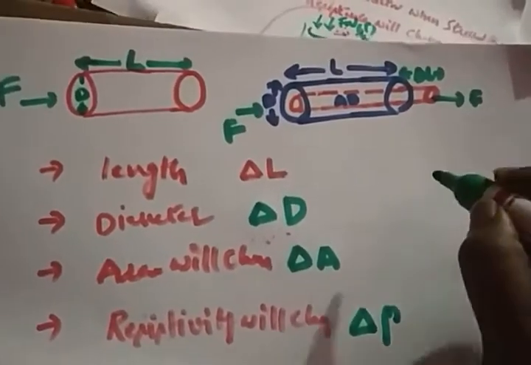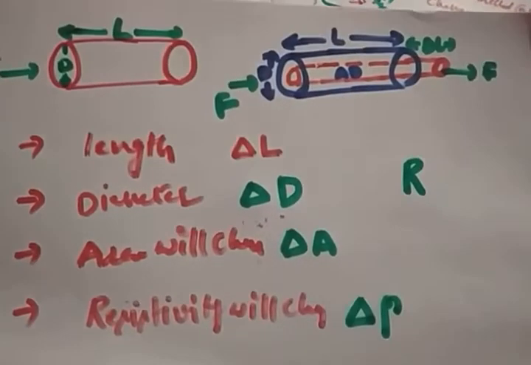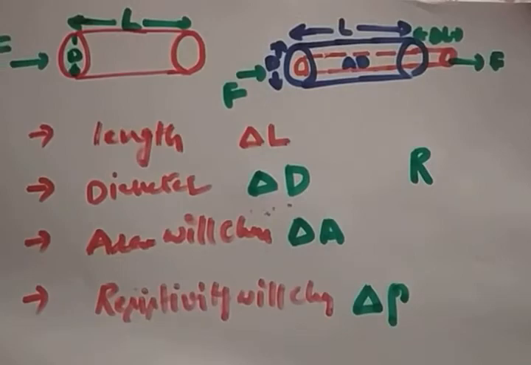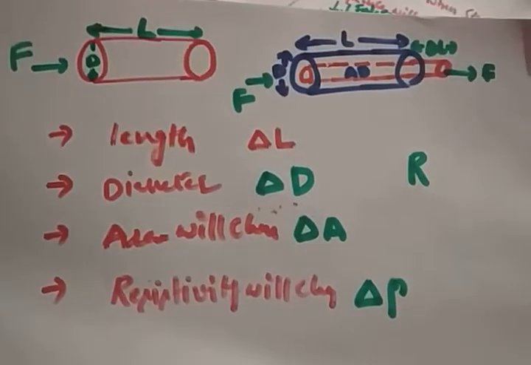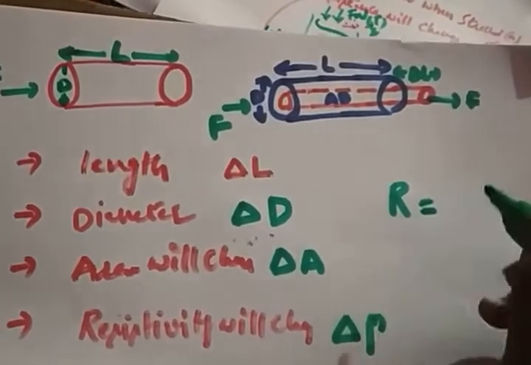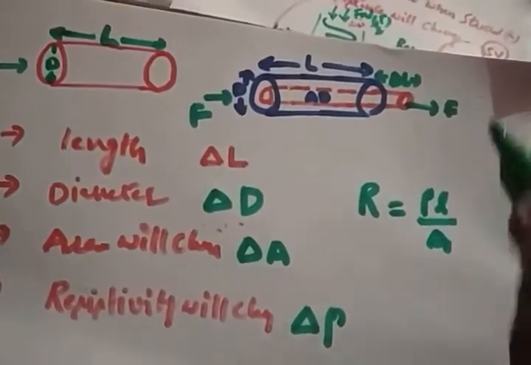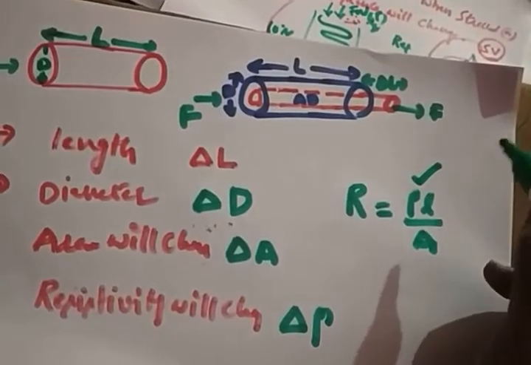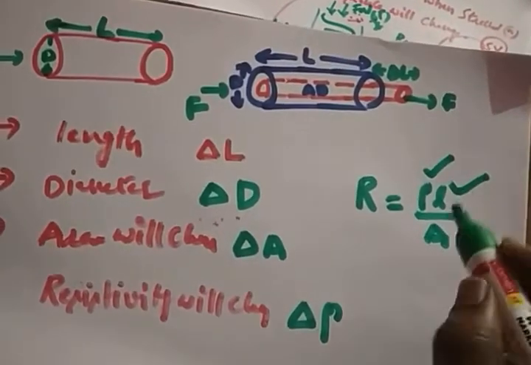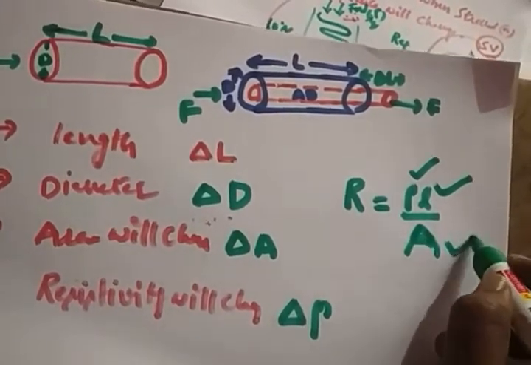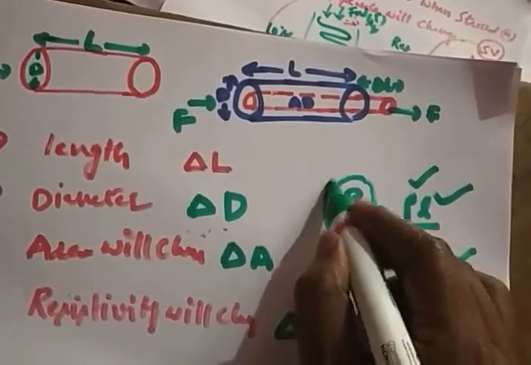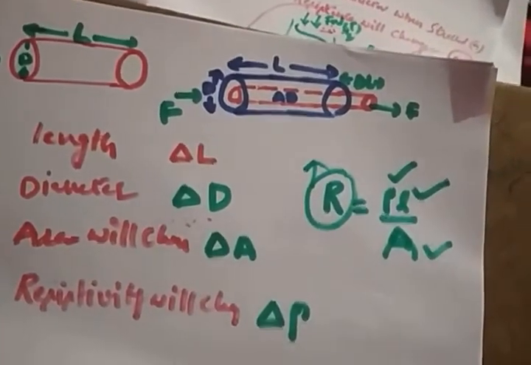What is the formula for resistance? You know that resistance R is equal to rho L by A, correct? If your resistivity changes, your length changes, and your cross-sectional area changes, what about the resistance? The resistance also changes.